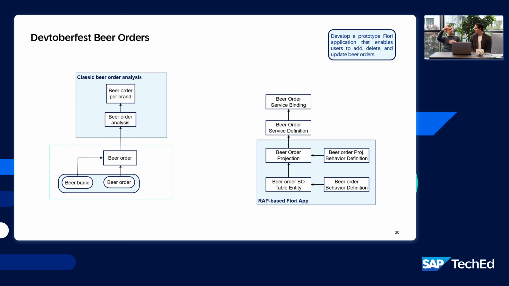Oh, and we can do the projection view right on top of the table entity? That would be correct. Cool. So with this projection, we only need to define a few behavior definitions, and then the service definition and service binding remain minimal, and we can already deploy our things. So, right, let's get into the code.